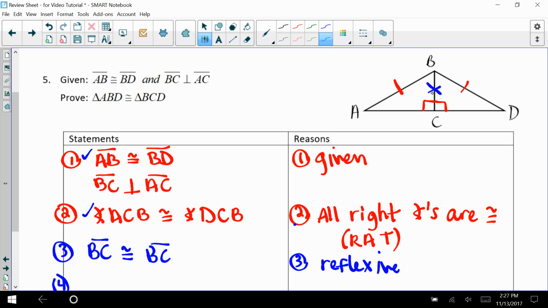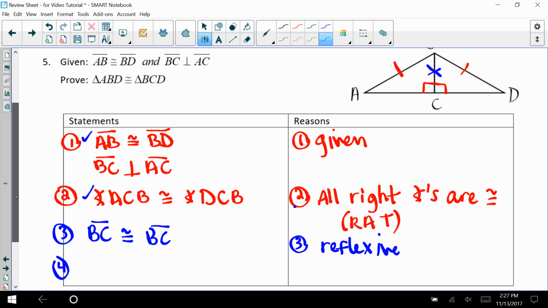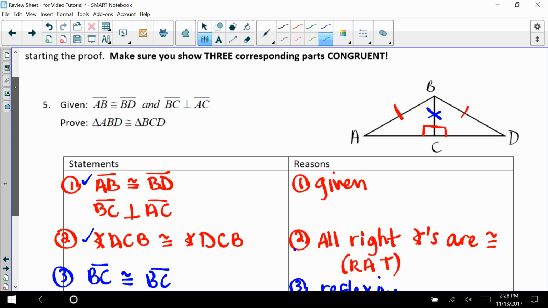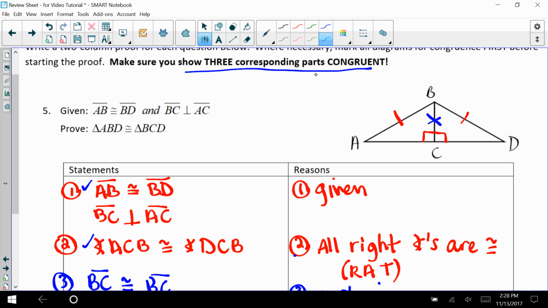We have a leg and the hypotenuse. So we can prove that triangle ABD is congruent to triangle BCD because of right hypotenuse leg. So you always want to look for three pieces of congruence, right? Three pieces of congruence. So we have a right angle, we have a side, and another side.